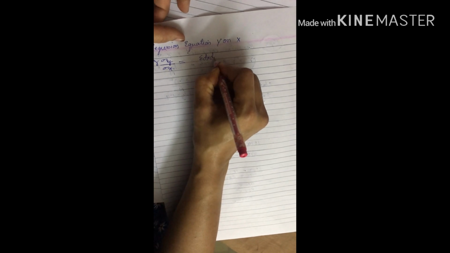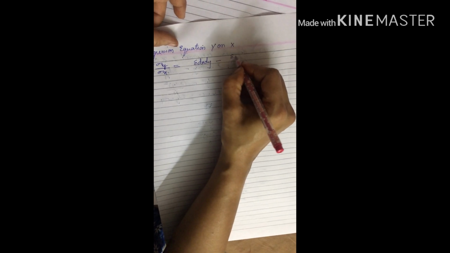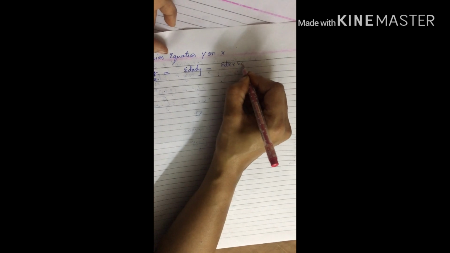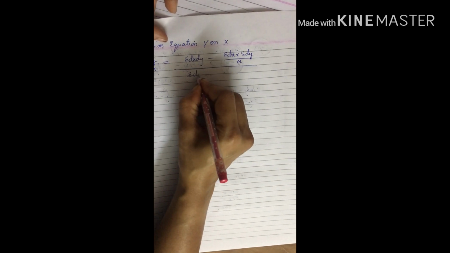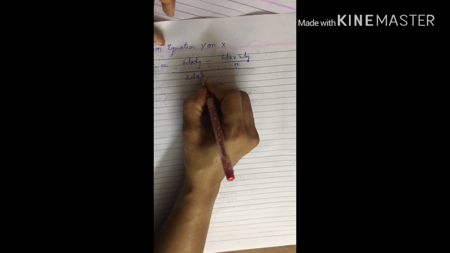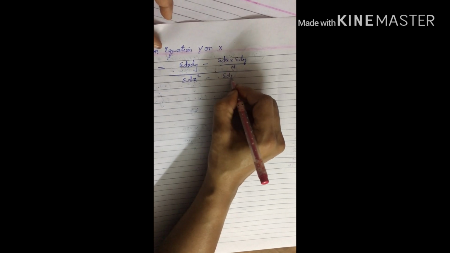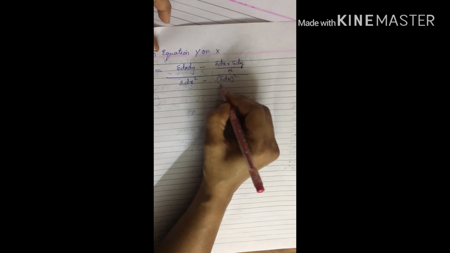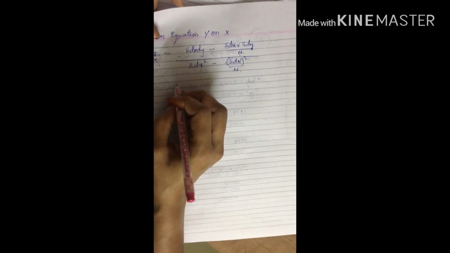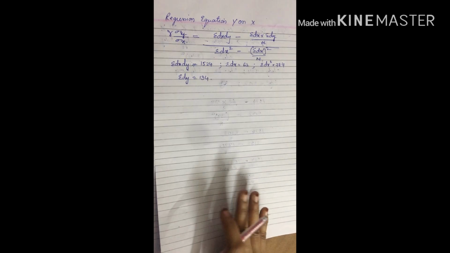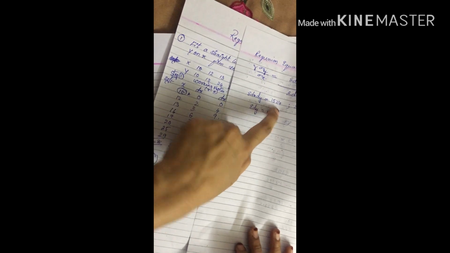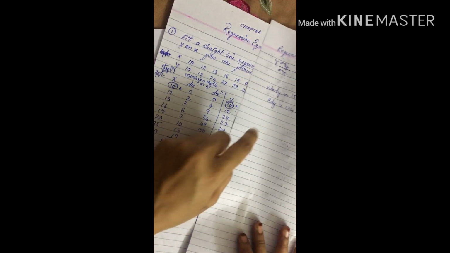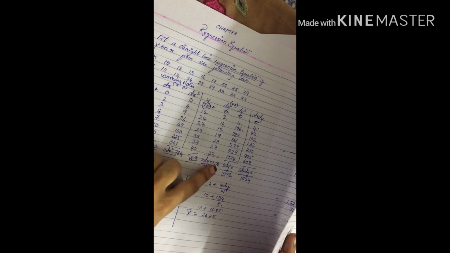Sigma dx dy minus sigma dx into sigma dy by n, by sigma dx square minus sigma dx whole square by n. So I have written all the values from here: sigma dx dy 1524, sigma dy 134.